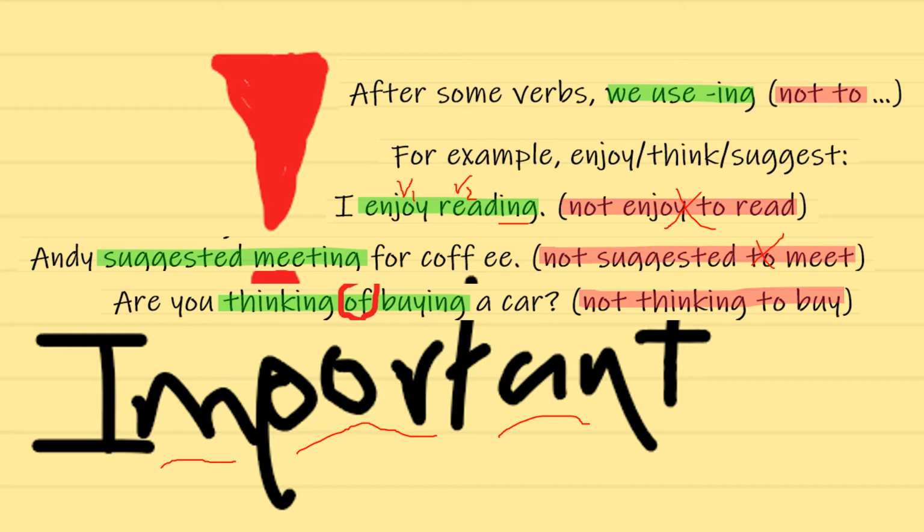And I wanted to show you here in this section, especially, what happens when you have thinking and you have a preposition after this verb. Let me show you very fast. We have a kind of rule, of course, a gerund rule.